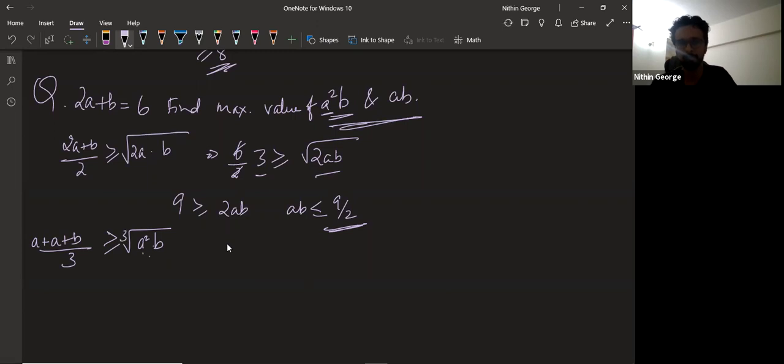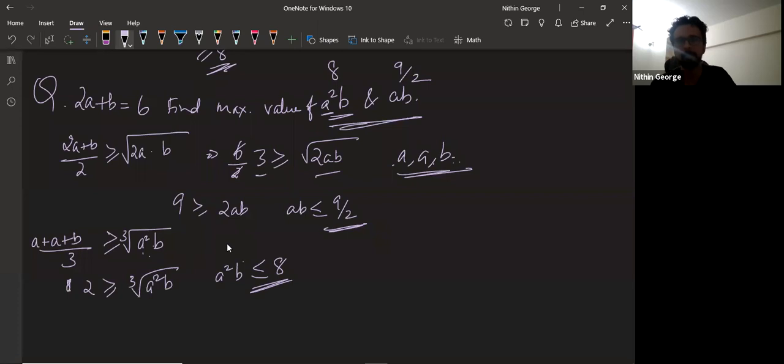You needed 3 terms here, the cube root of A square B. So A square B involves 3 terms, which is A, A, and B. So you write this as 2A plus B. So this will become 6 by 3, which is 2, greater than or equal to the cube root of A square B. So now I can say that A square B will be less than or equal to 8. So the maximum value A square B can take will be 8, and the maximum value AB can take is 9 by 2. Got this, guys?